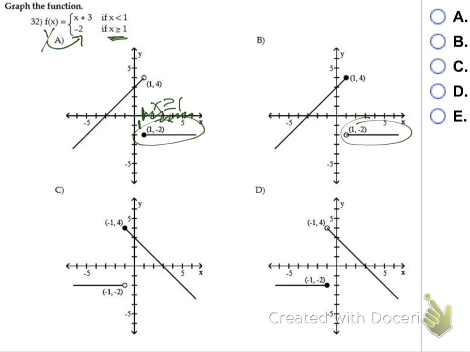There's got to be a level piece at a height of negative 2. Y's got to be steady at negative 2. And so what Dylan's saying is correct. If you look even closer, there has to be a solid dot. It's wrong to have an open dot there because it's greater than or equal to 1. Right on the money. So the answer's got to be A. We're done. I don't even need to look at the left side.